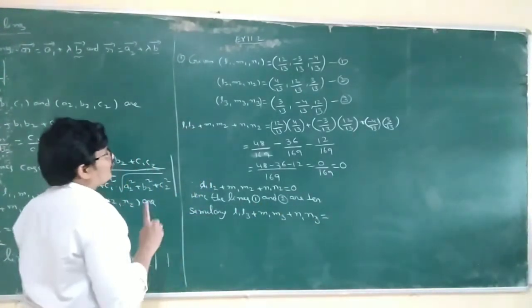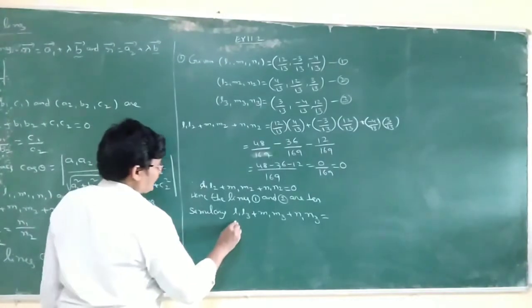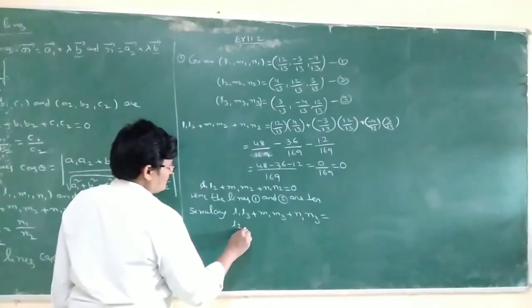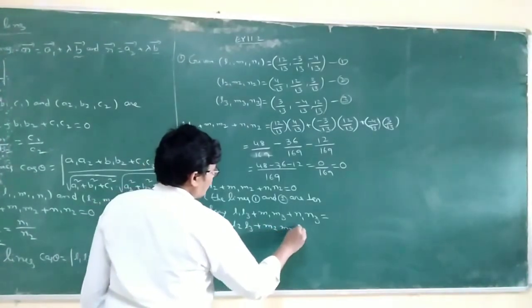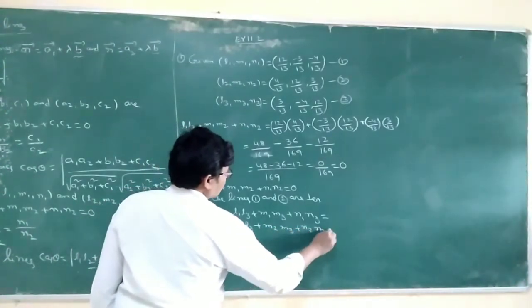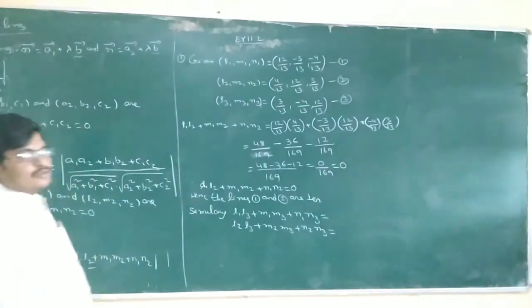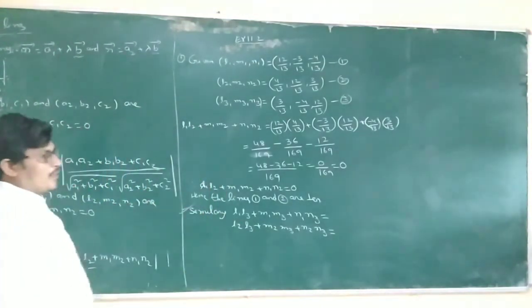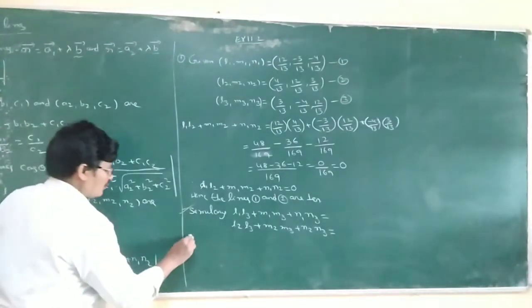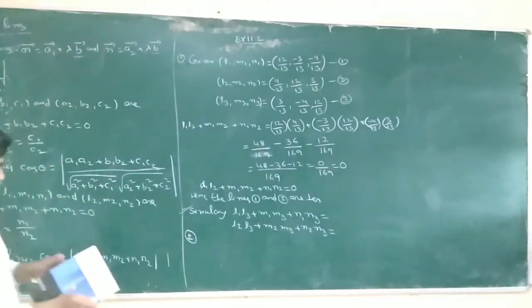Next, for 1 2, 1 3, 2 3: L2 L3 plus M2 M3 plus N2 N3 is also to be proved 0. You can do it. Okay, these three are homework.